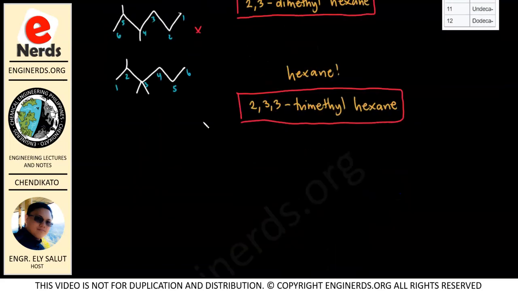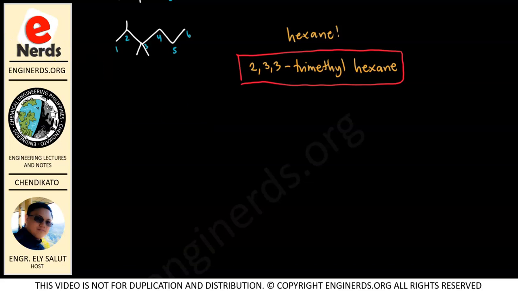Okay, so now let us try to solve another example, no? So let's say we have this structure, and then we have substituents here and here. So obviously, we need to count from left to right. Okay? Dahil mas mababa yung magiging numbers natin.